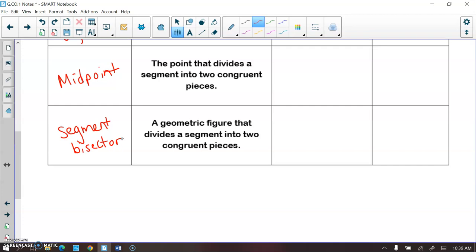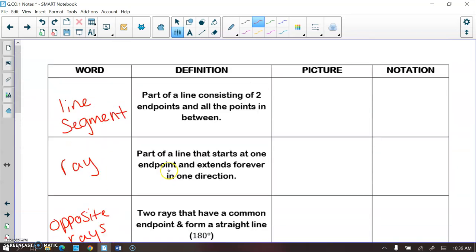All right, so now we're going to backtrack and go through the pictures and the notation. This would be an example of a line segment. I have a line consisting of two endpoints. And remember, points we label with capital letters, so A, B. The notation for a line segment is different from a line.